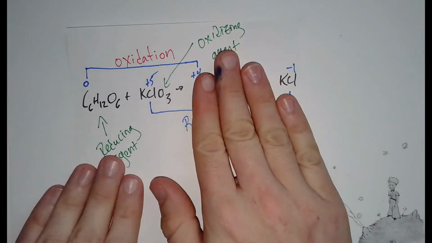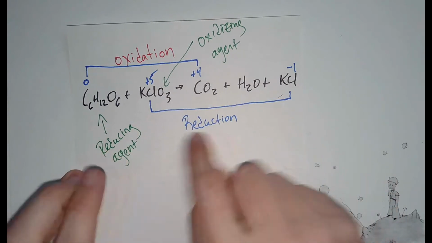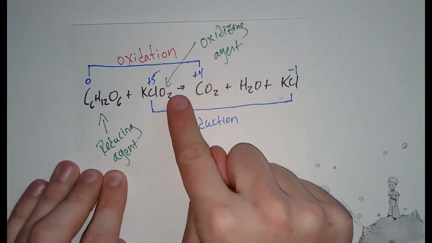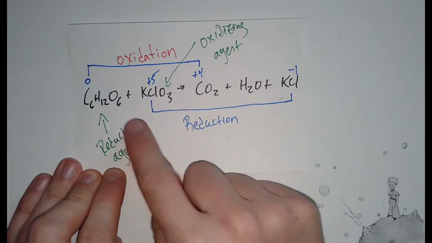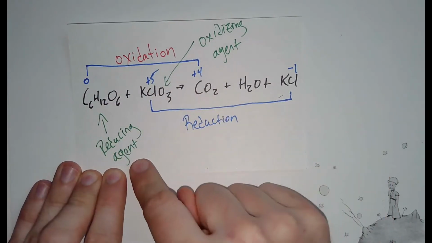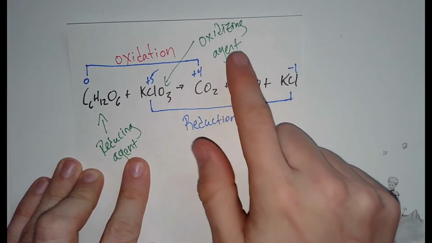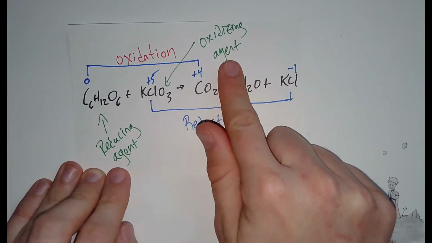The stuff back here matters only insofar as it helps us identify these. But the agents are all there at the beginning. Now, sugar was oxidized, so it's the reducing agent. Potassium chlorate, well, it was reduced, so it's the oxidizing agent.